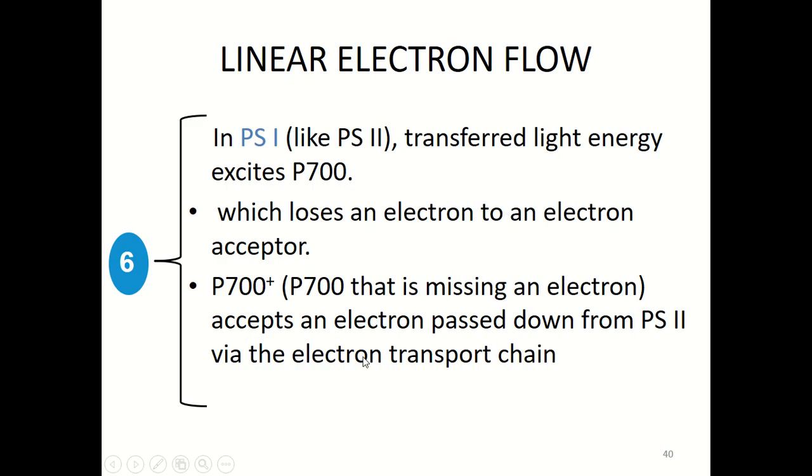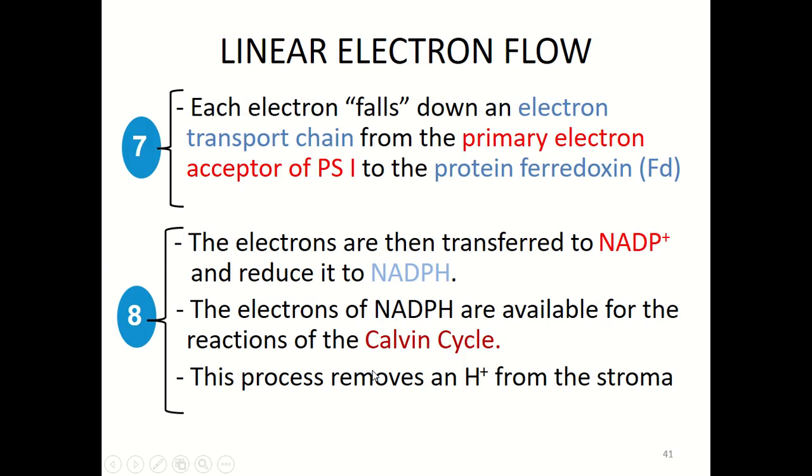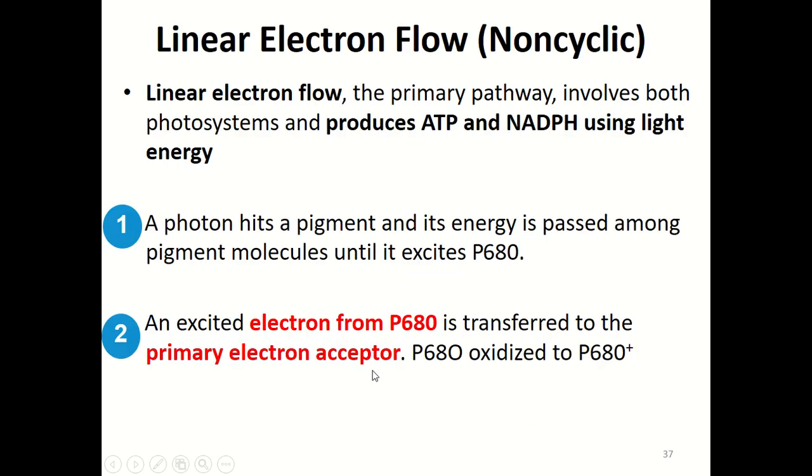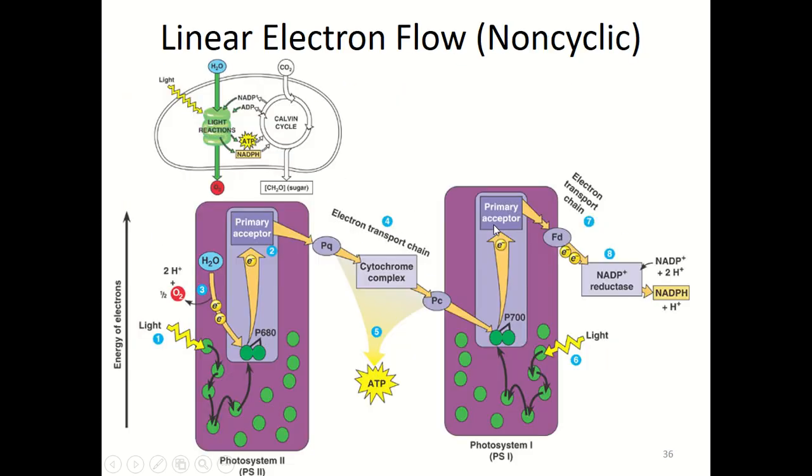Okay, and then it will pass again from photosystem 2 via the electron transport chain. The electron transport chain here involves, from the primary electron acceptor to ferredoxin, and the last one is NADP plus reductase.